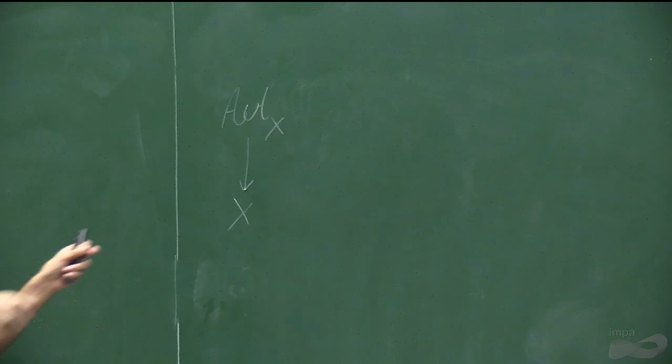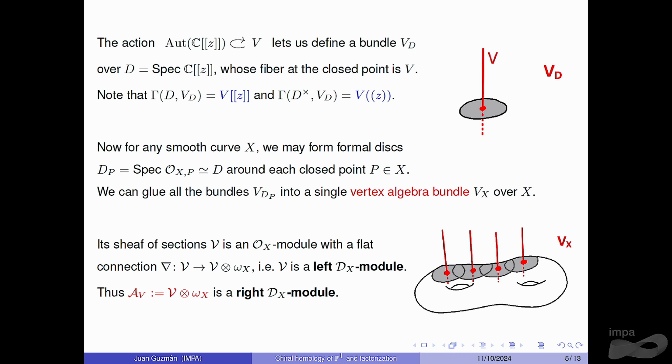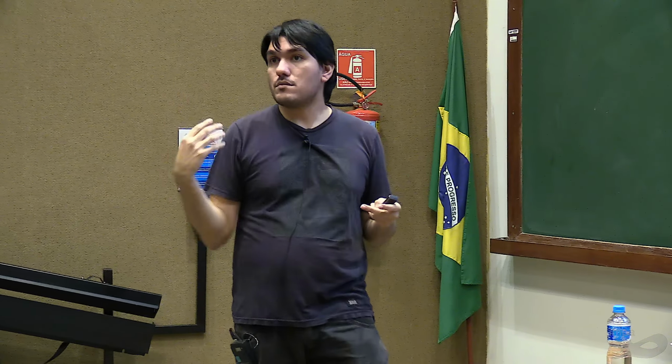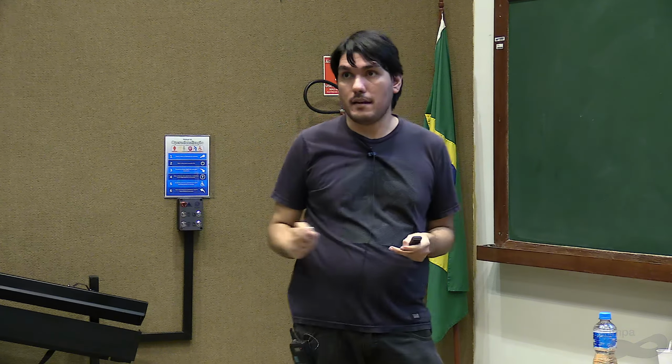So basically, it's a principal G bundle for this group G, the automorphisms. Each one of the fibers is going to be the automorphisms of the local coordinates over the points. And then you do the associated bundle construction with that thing.